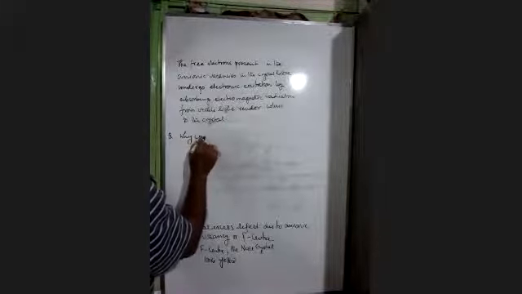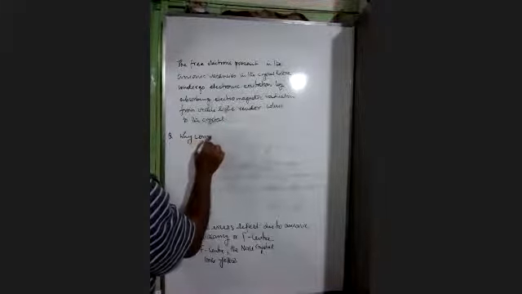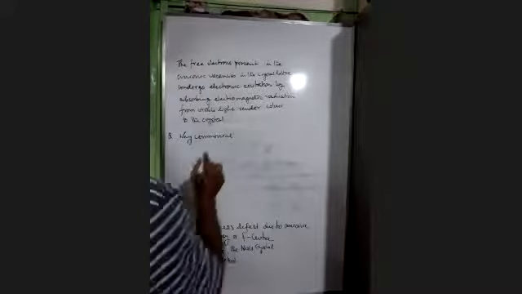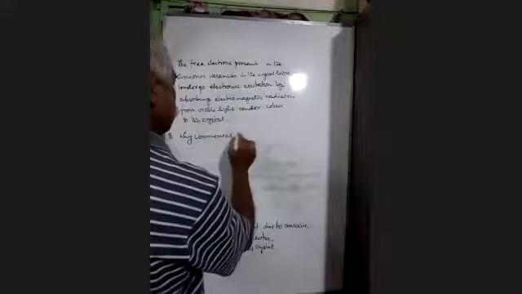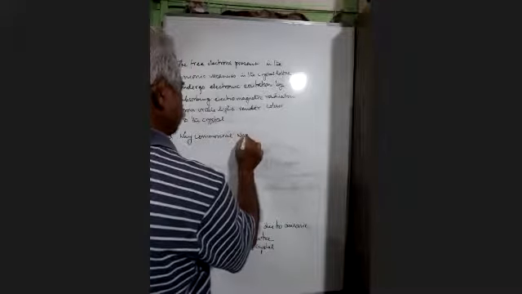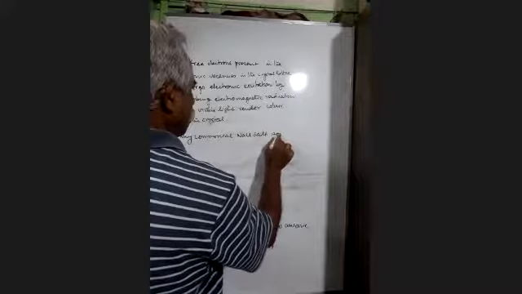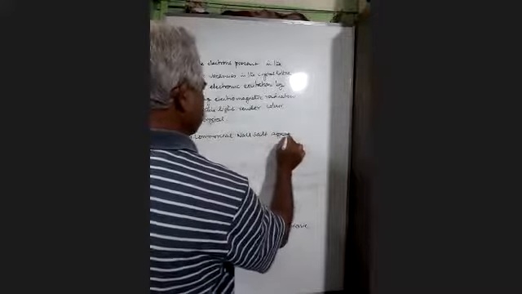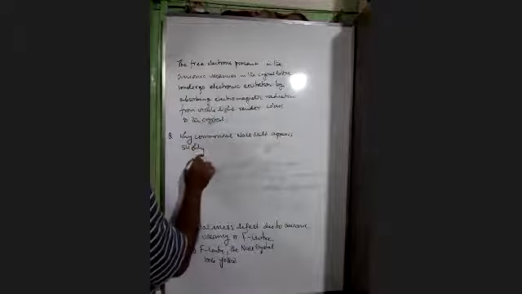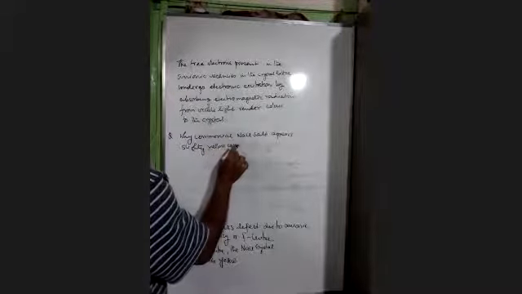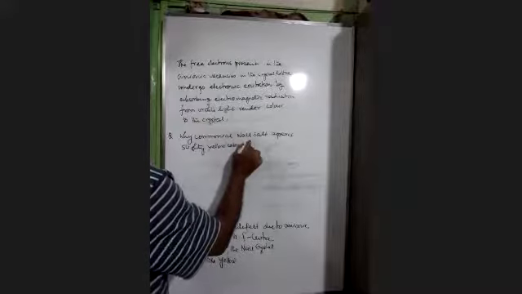Why does commercial sodium chloride salt appear slightly yellow in color?